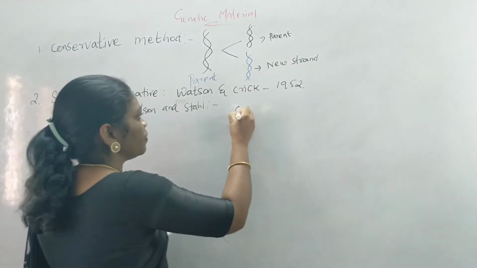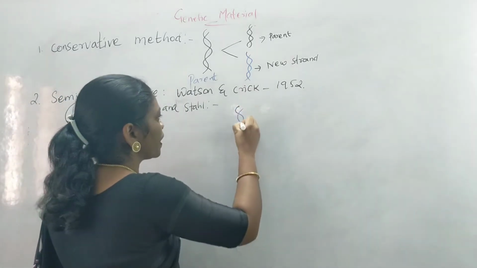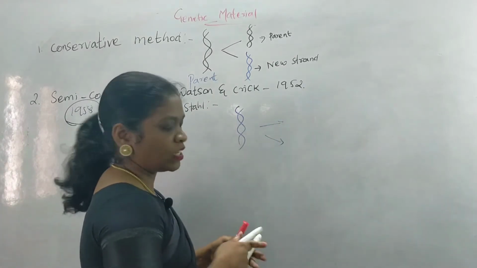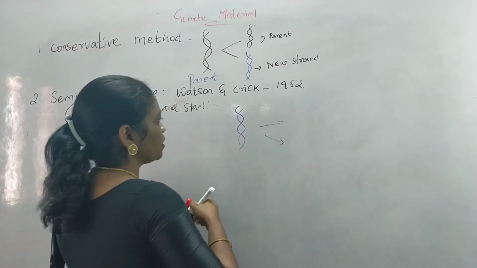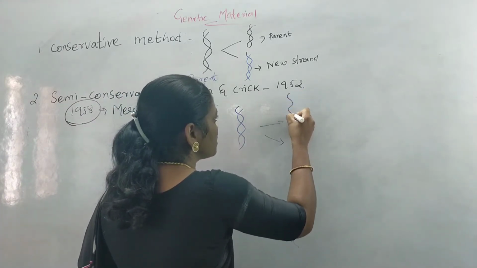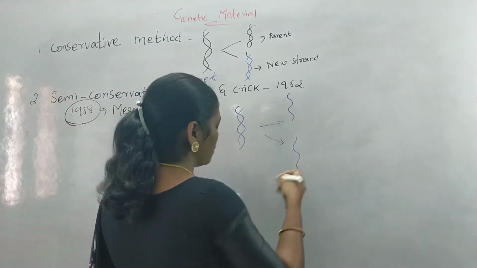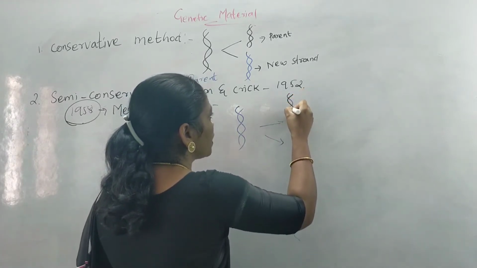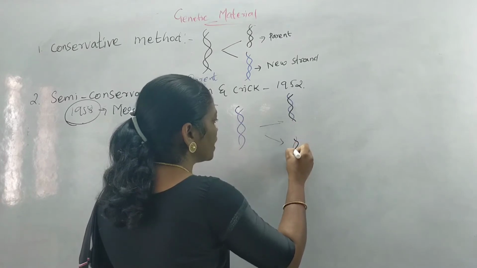So this is the parental strand. According to them, during replication, one of the parental strands acts as a template, and the new strand is formed by copying the nucleotides from the parental strand.